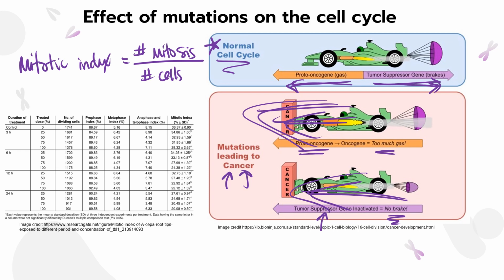So here we're looking at some data from a study that was done on a chemical that can help to slow down cell division. So this is an inhibitor of mitosis, and we can see that these treated doses, the bigger the dose and the more the amount of time, the lower this percentage of cells in mitosis is compared to what our control was.